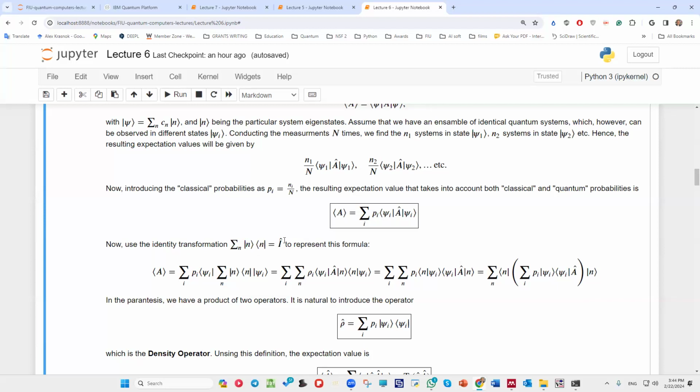This transformation is fair for any set of orthonormal basis vectors n. We can always compose the outer product of each vector, sum up, and it will give us the identity operator.